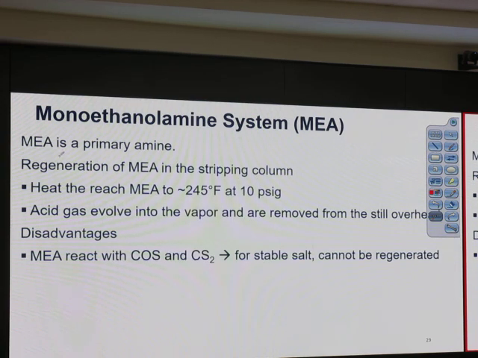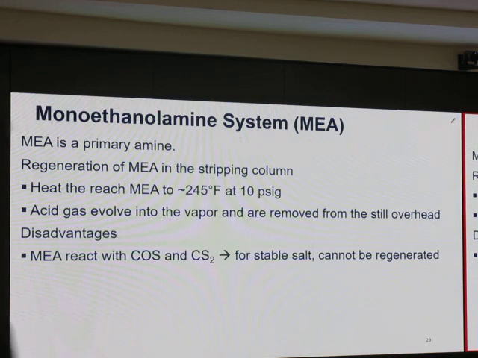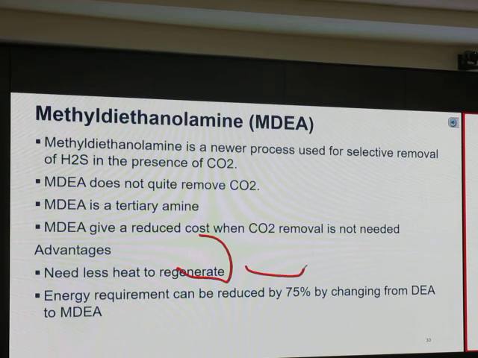MEA is a primary amine. Regeneration, we heat it up hot, and the acid gas comes out. Disadvantage: when it reacts with carbonyl sulfide, it can form some salt and we cannot regenerate it. That's the disadvantage.